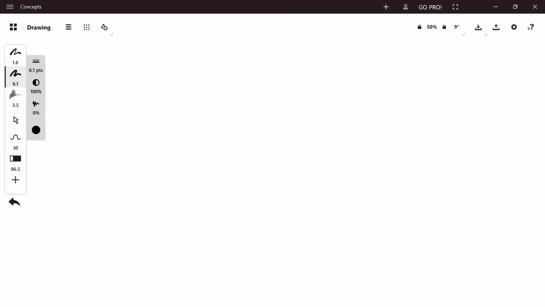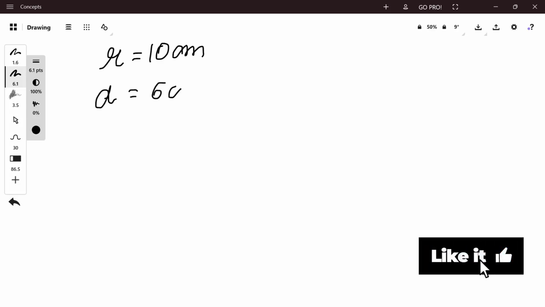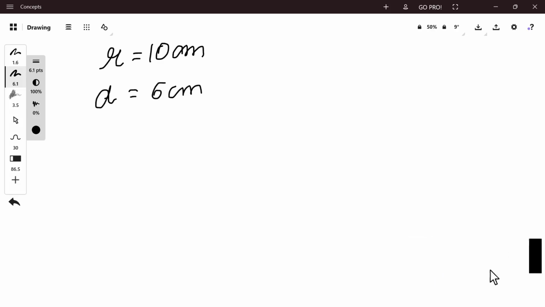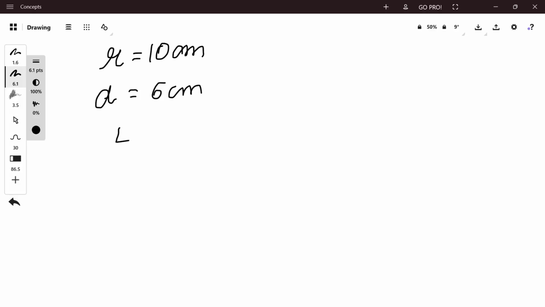This forms a right angle triangle where the hypotenuse is the radius, that is r is equal to 10 cm. One leg is the distance from the center to the chord, that is d is equal to 6 cm, and the other leg is half of the length of the chord, that is L by 2.